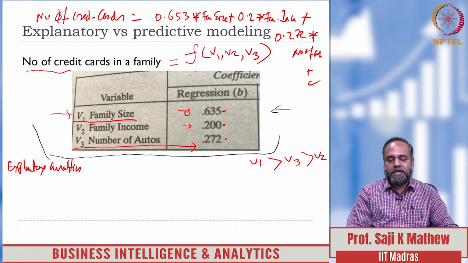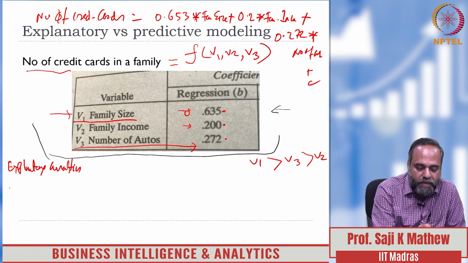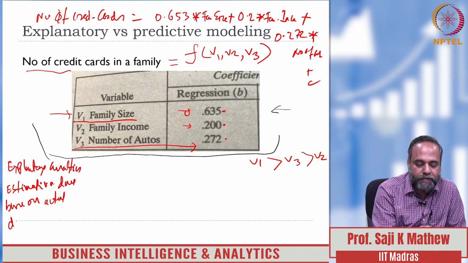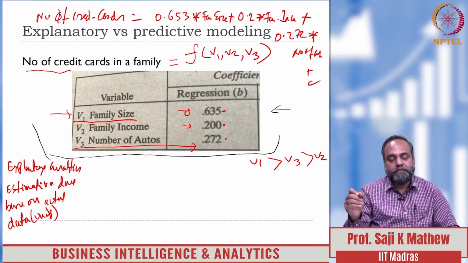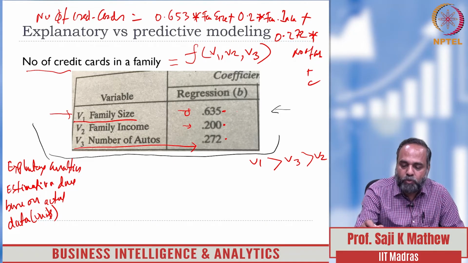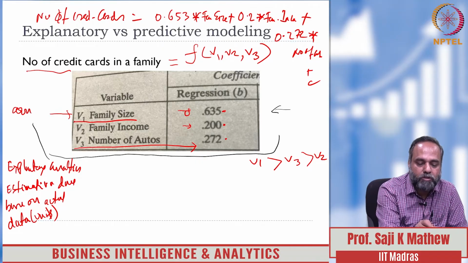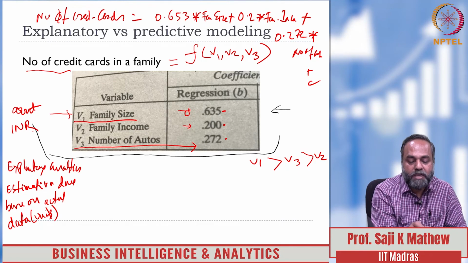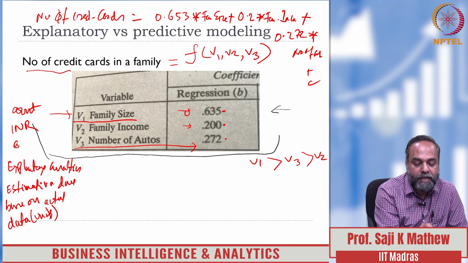The problem is that the estimation is done based on actual data, in actual units. For example, family size is a count, family income may be in INR, in rupees, and number of automobiles is again a count.